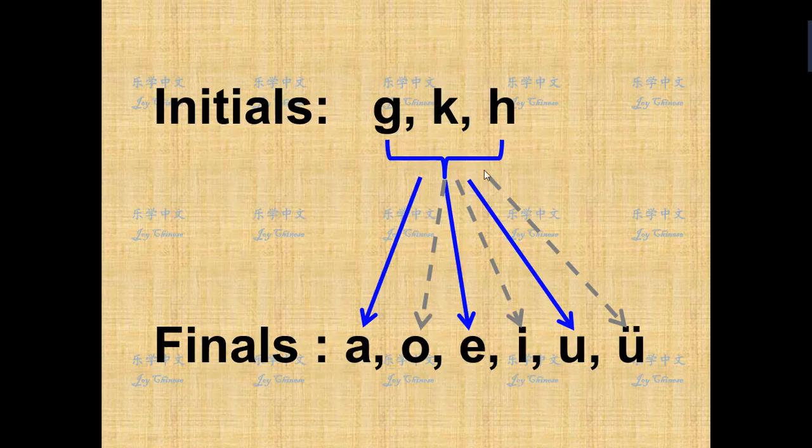As I mentioned, these three initials have similar rule for pronunciation. It also has similar rule to combine with the finals. All three of them can combine with a, u, but not allowed to combine with o, e, and u.